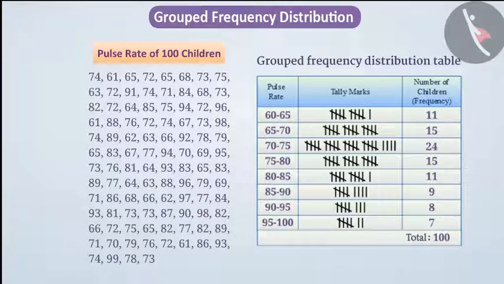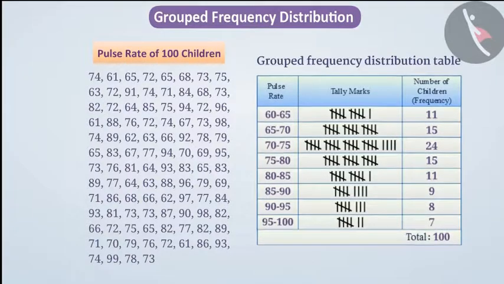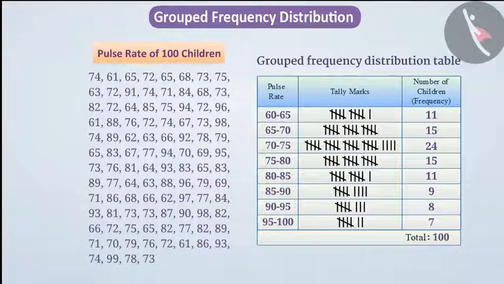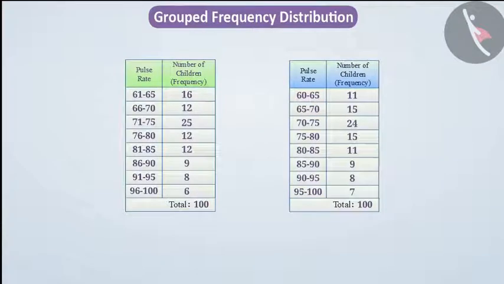Let's compare the first table with this table. Do you see any difference between the two? Think. Let us tell. None of the two classes in this table have overlapping lower class limit or upper class limit.